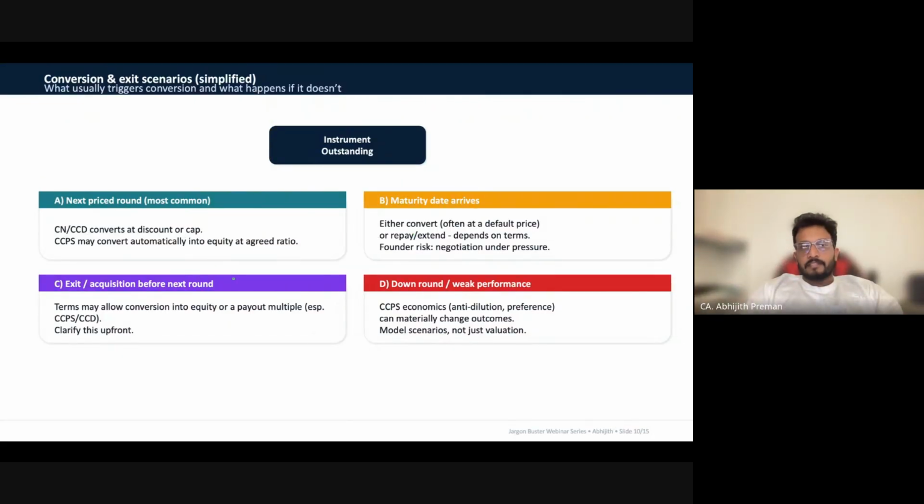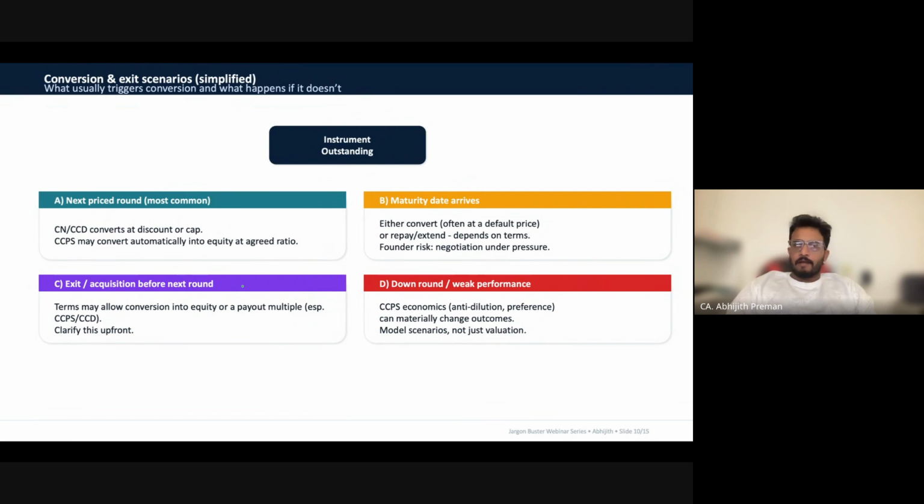Next is exit or acquisition before the next round. This is again a very common thing, because in most cases investors don't want to convert into equity and become equity shareholders in the company. So when an exit or acquisition happens, that is when they convert, become equity holders, take the return and go. Then down round or weak performance.